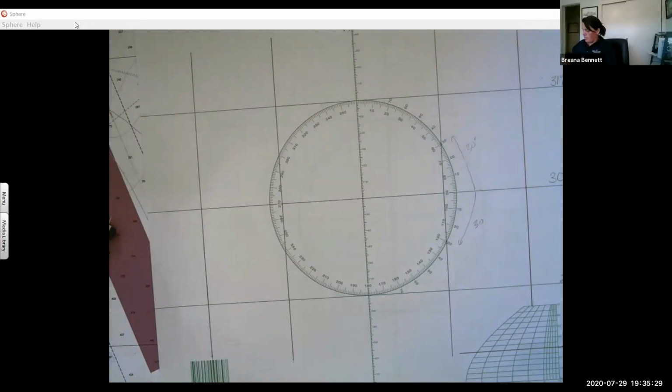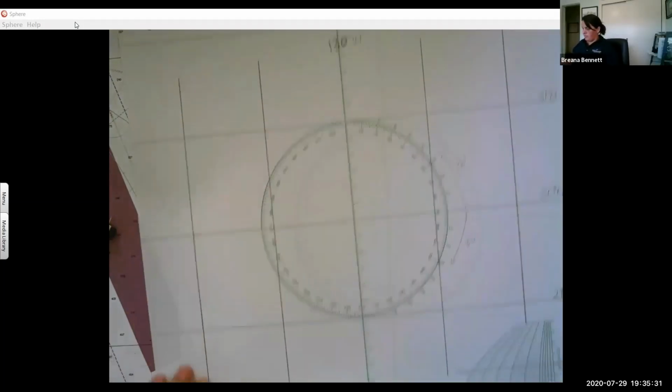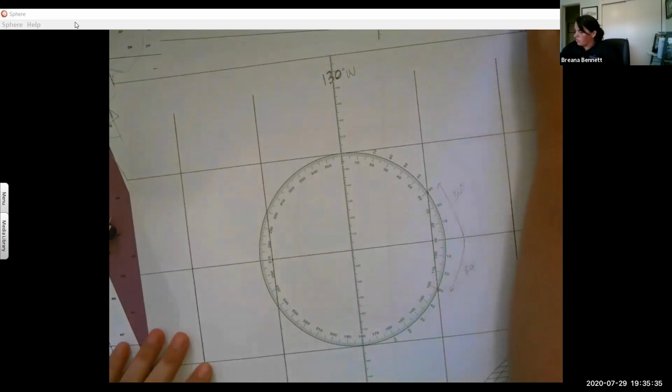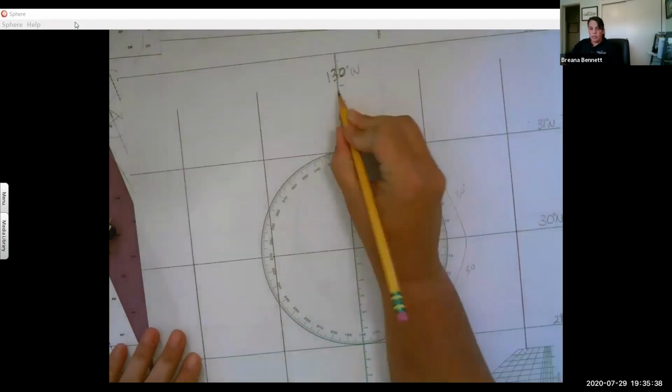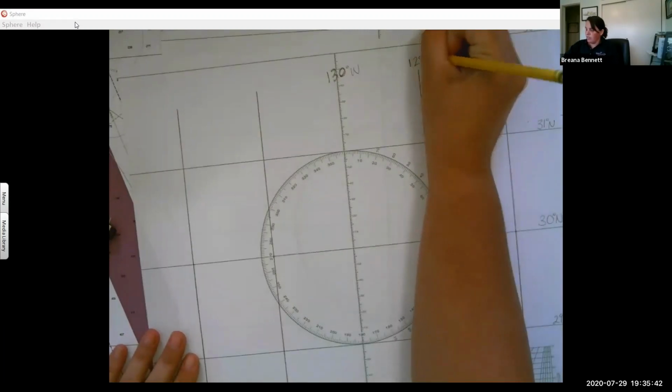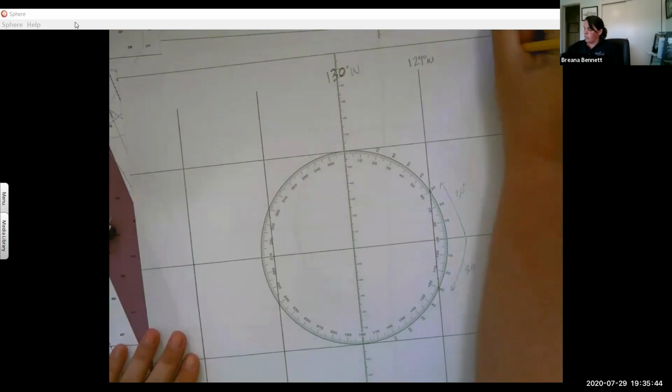So now I've drawn in all my lines. And I can even come up here and do 32 degrees north. If this is 130, this would be 129. This would be 128.